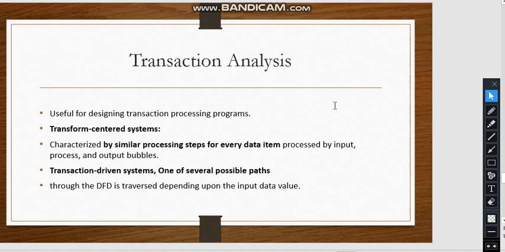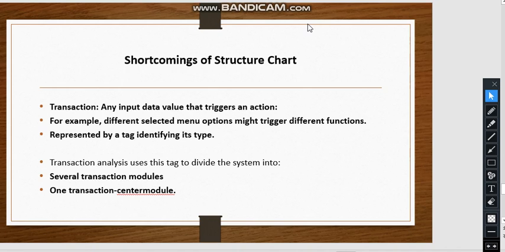And in the transaction driven system, the DFD is traversed depending upon the input data value. The transaction itself means when an input is given, an action will be performed, and it is represented by a tag identifying its type. The transaction analysis uses this tag to divide the system into several transaction modules, or there will be one transaction module which is your center module.